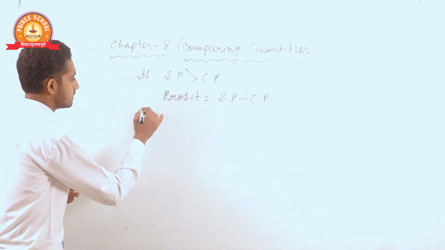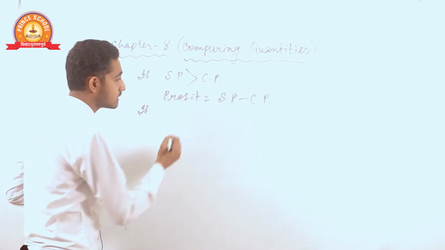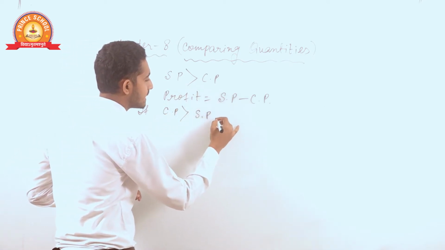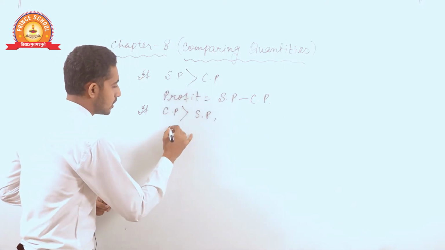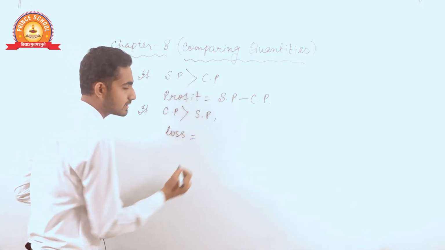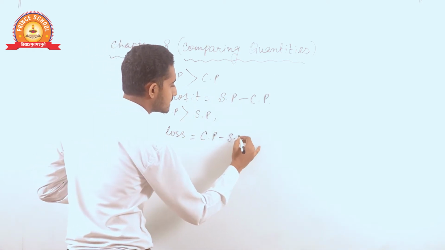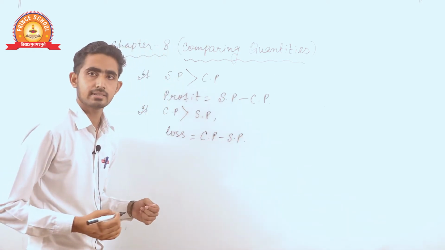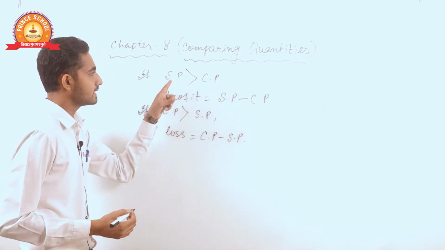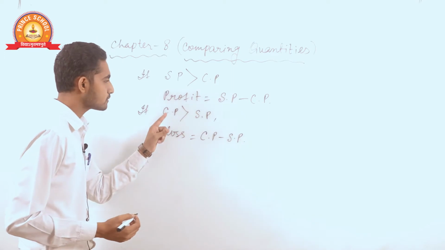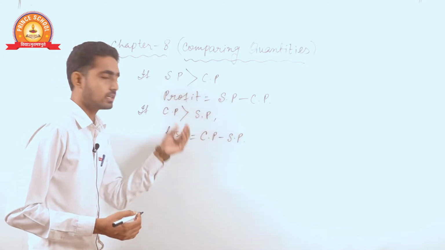Next, if cost price is greater than selling price, that means loss, always loss. Loss is equal to cost price minus selling price. Understand? Always remember, if selling price is greater than cost price, that means profit, and if cost price is greater than selling price, that means loss.